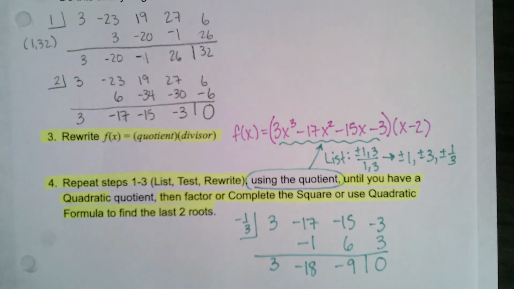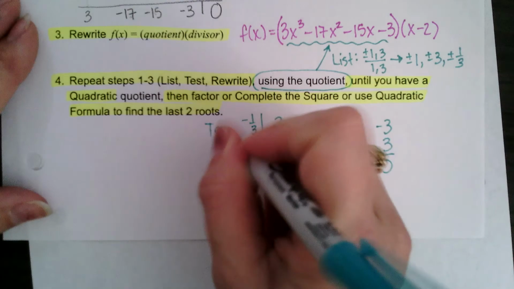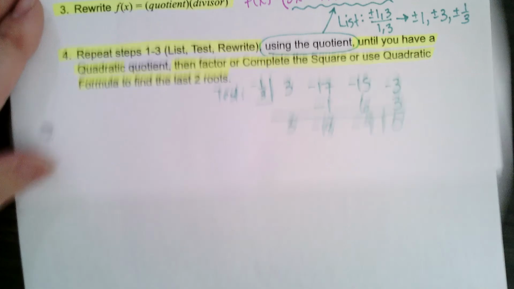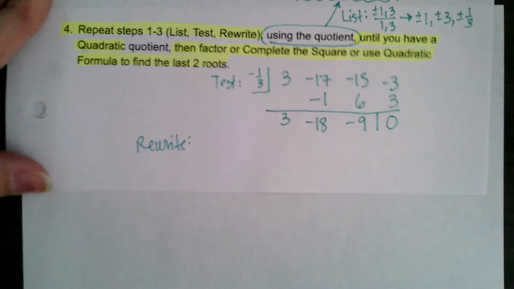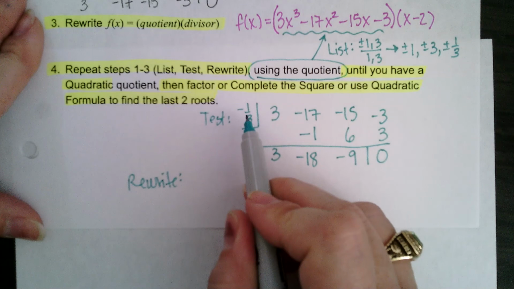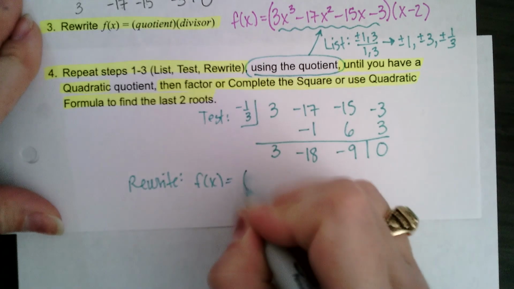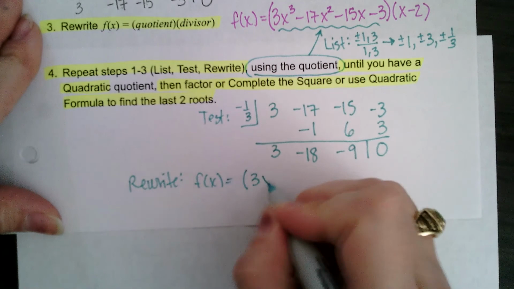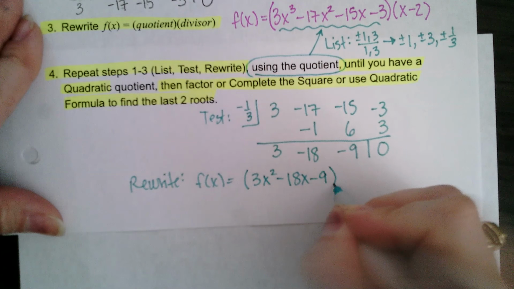So that was my test step. After I list and test, then I'm going to rewrite. So I'm going to rewrite my function as the quotient times the divisor. So the quotient would be 3, bring it down a degree, x squared, minus 18x minus 9.